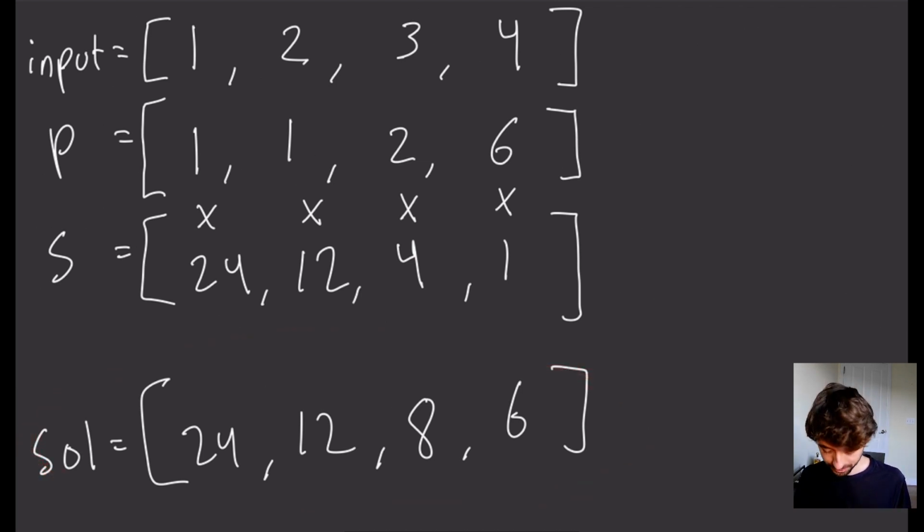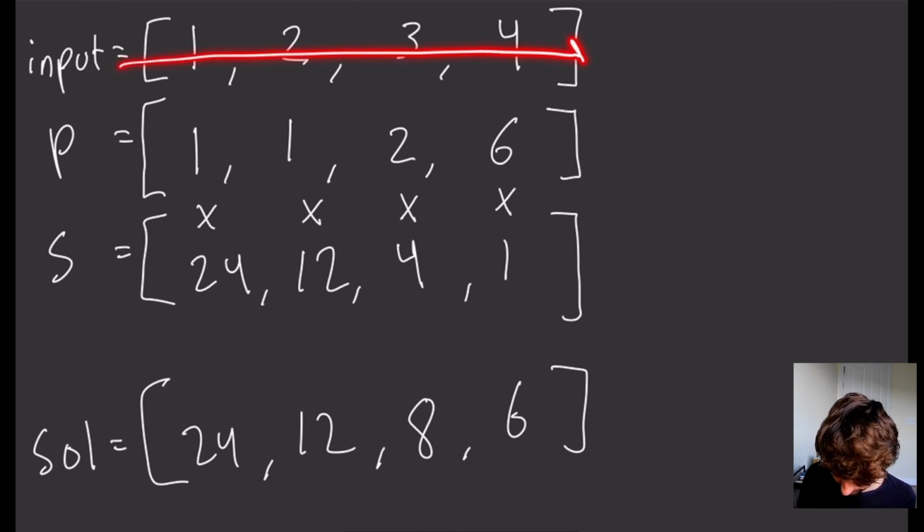So it works. And the reason that this solution is better than the original one is it's O of n, it's not n squared. And you might be asking, but we loop over the input array so many times, and that's true, but we only do it once to compute the prefix array.